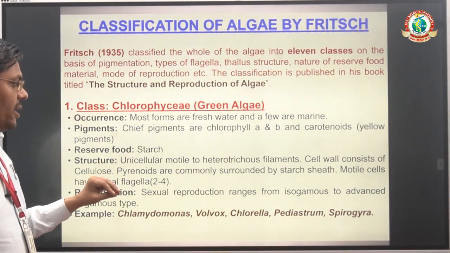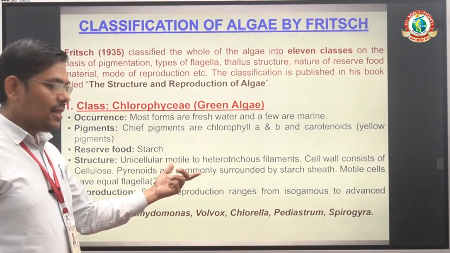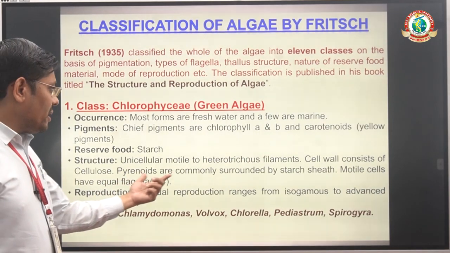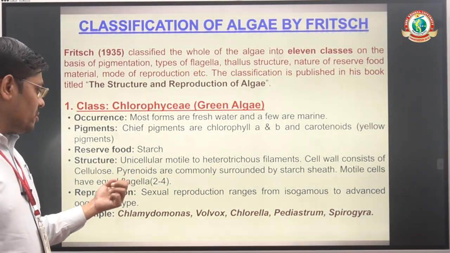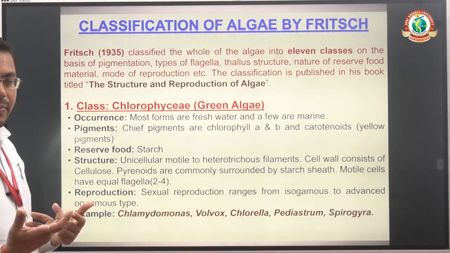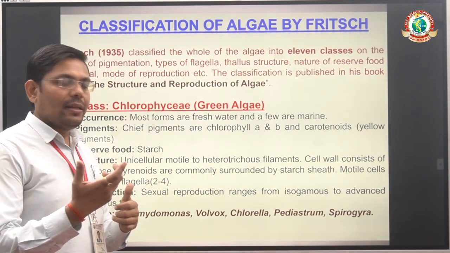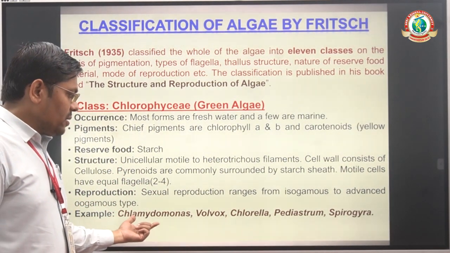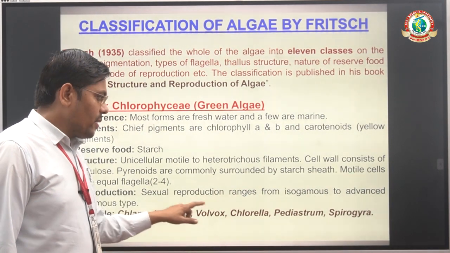Structure is generally unicellular, motile or heterotrichous filamentous, and pyrenoids are also present. Reproduction takes place by isogamous to advanced oogamous type, because oogamous sexual reproduction is advanced in algae. Examples are Chlamydomonas, Volvox, Chlorella, Pediastrum and Spirogyra.